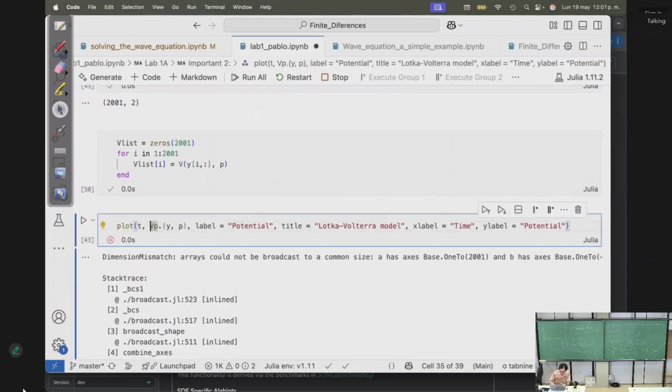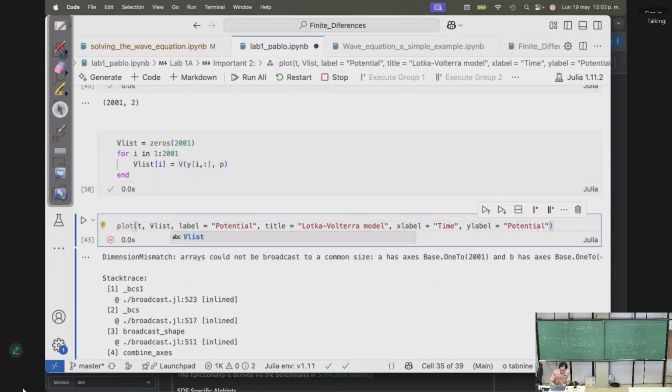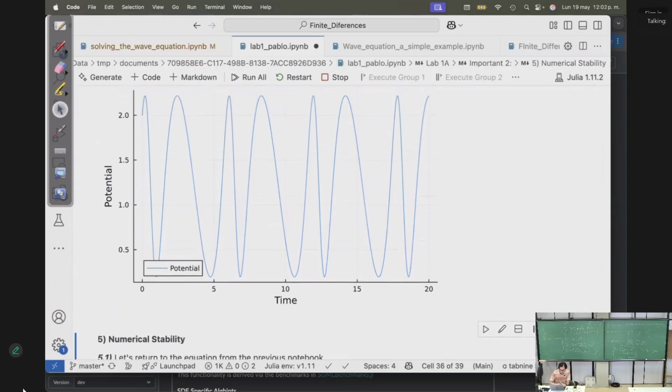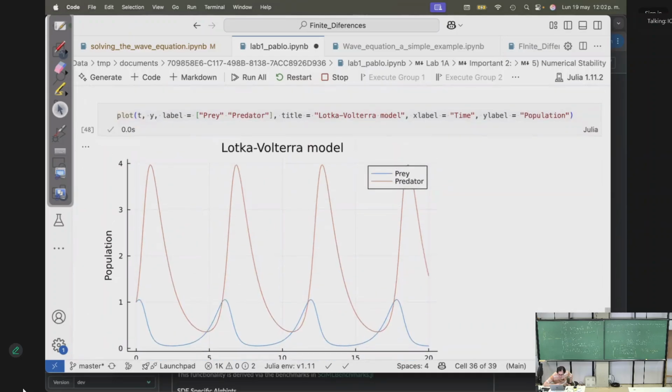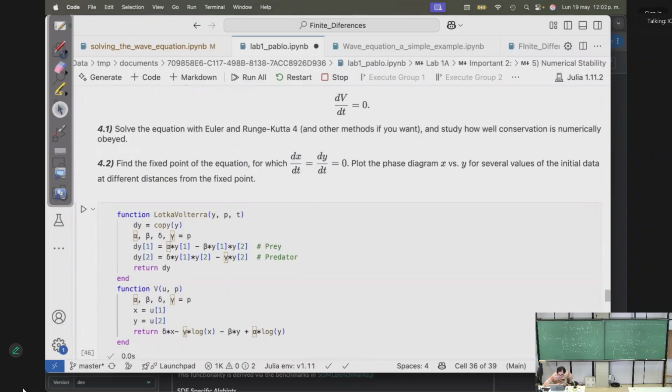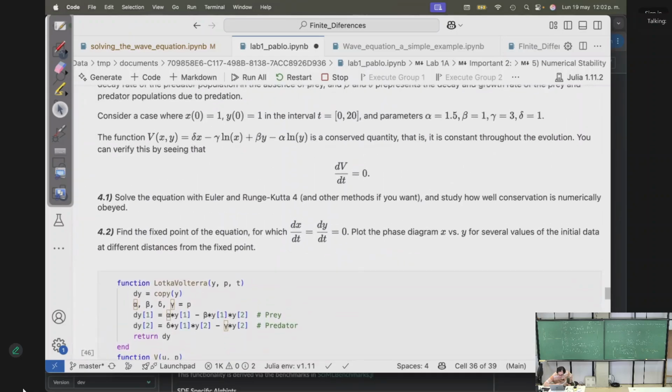And I think here we go. So the potential is not working. So maybe there was a mistake in how I defined the potential.